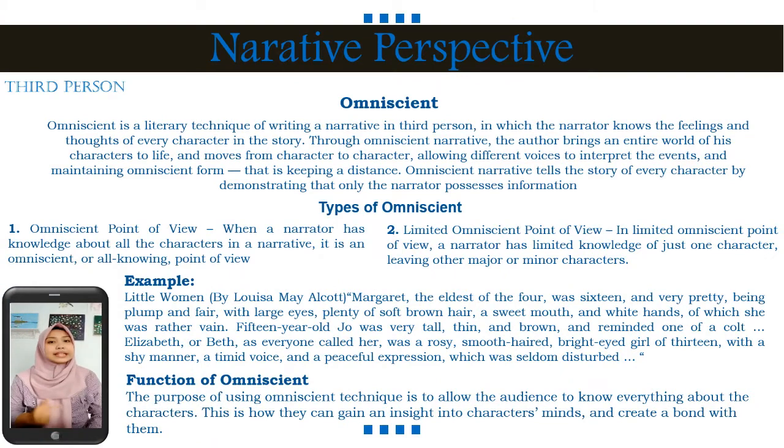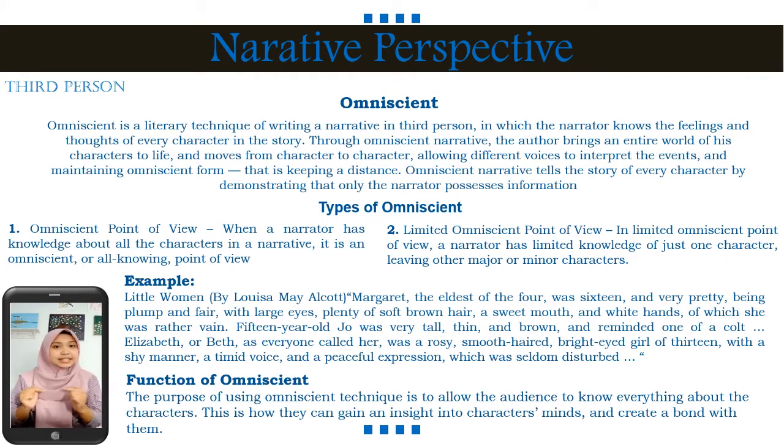Well everyone, now let's move to the next type of third person point of view, that is omniscient point of view. As we know, omniscient means knowing a lot. So omniscient is a technique of writing a narrative text or telling a story in which the author or the narrator knows a lot about the thoughts, feelings, or habits of each character.